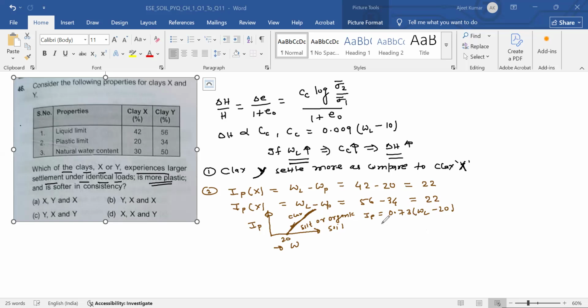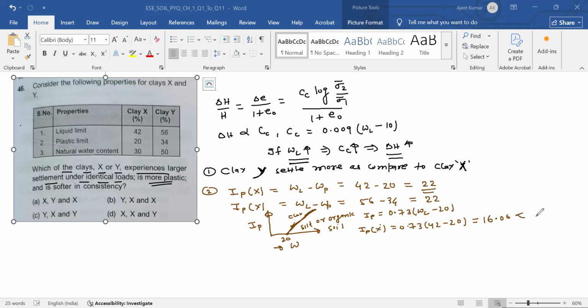So for IP in case of X, 0.73 times (WL minus 20), with WL 42, so 42 minus 20 is 22. Multiplying 22 by 0.73 gives 16.06.